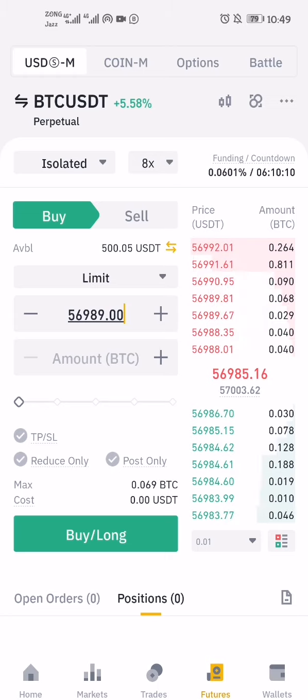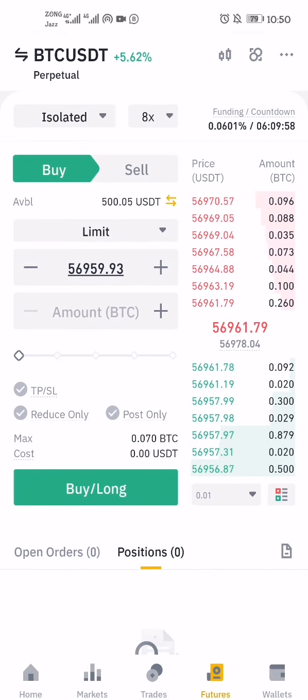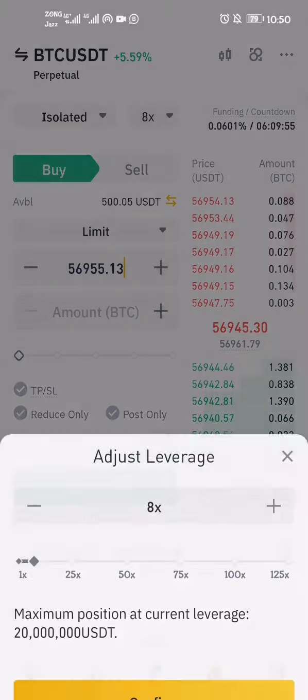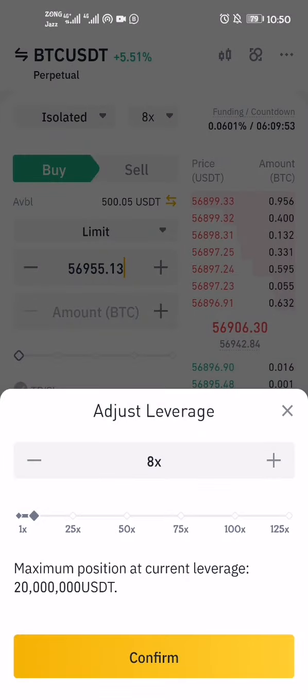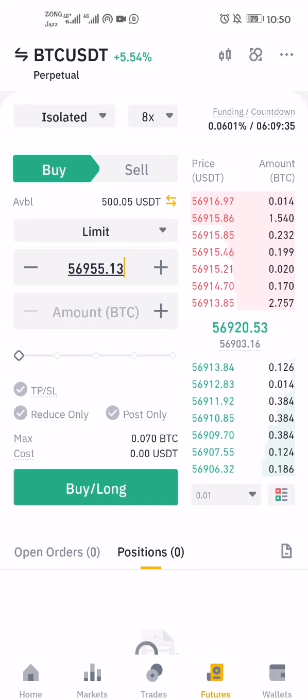And if it dumps 1%, you will be at risk, you'll be at a loss of 8%. So I hope you got the idea of leverage: it maximizes your profit and loss ratio. If you're playing with 8x, it means your profit and loss are now 8 times, not only single, 8 times.